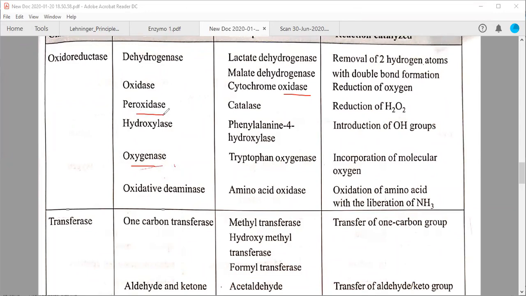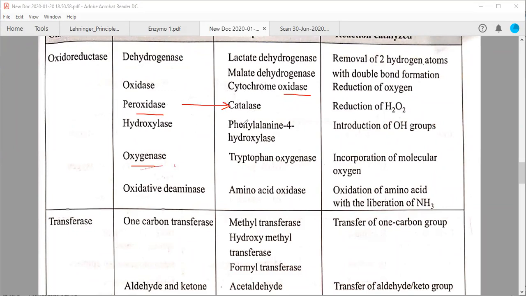Peroxidase, one example is catalase, and the kcat number is the maximum number of molecules an enzyme can convert into the product per second, within the specific time. So catalase is having the maximum kcat number actually. So the catalytic power of peroxidase is found to be maximum.